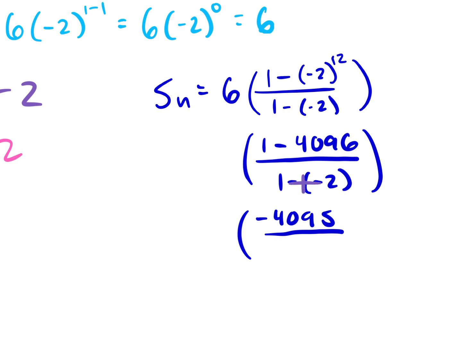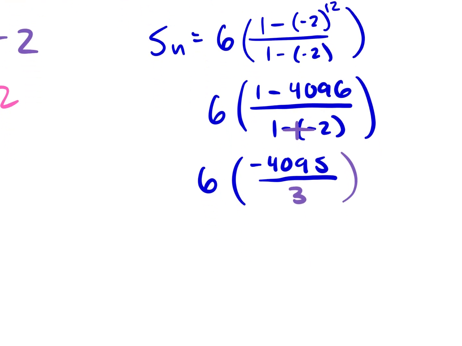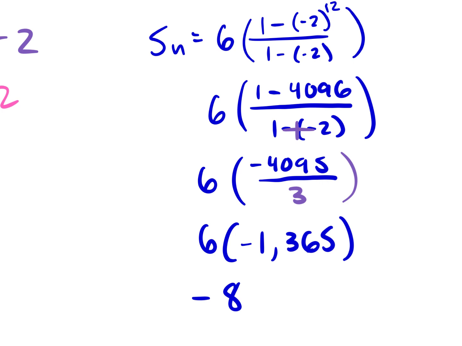Awesome, this turns into a plus, so it would be 3. So then I have negative 4,095 divided by 3 gives us negative 1,365. And then last step is we multiply that times 6. So it would be negative 8,190.